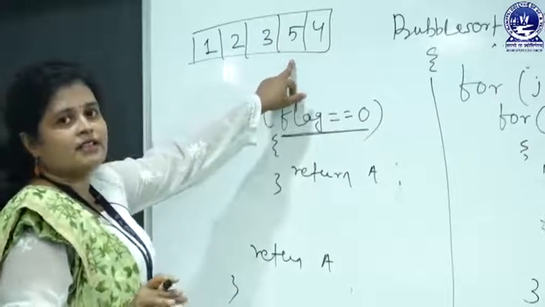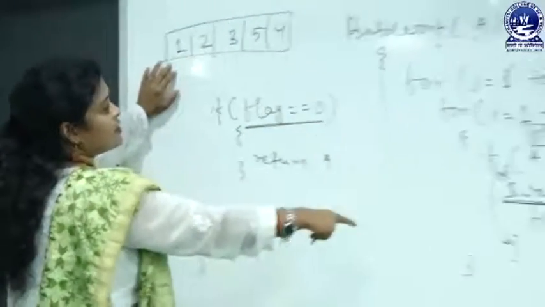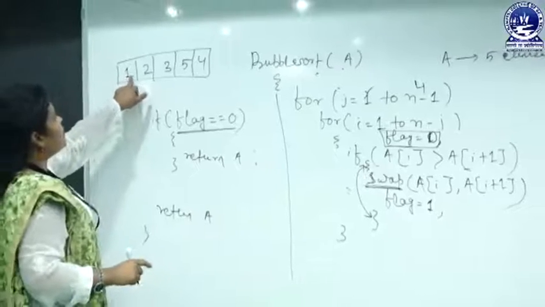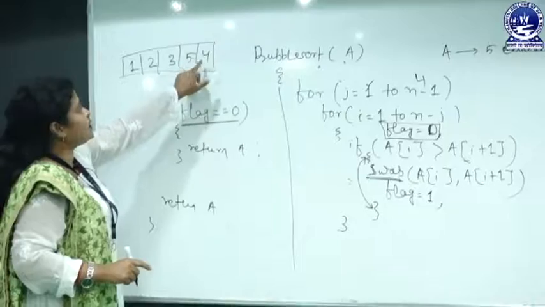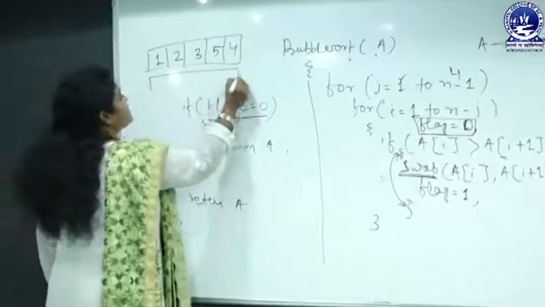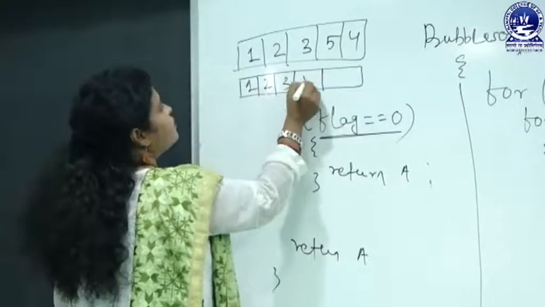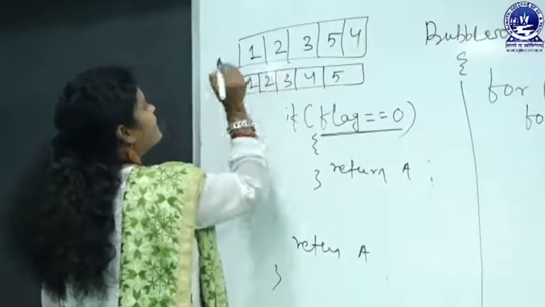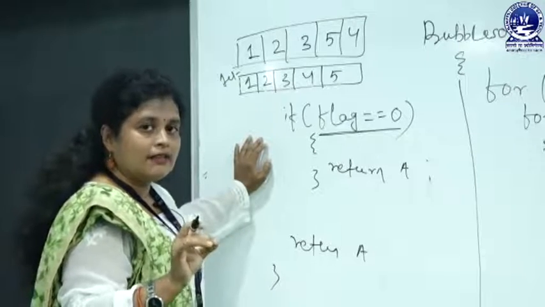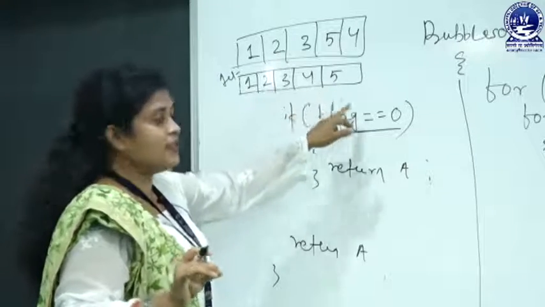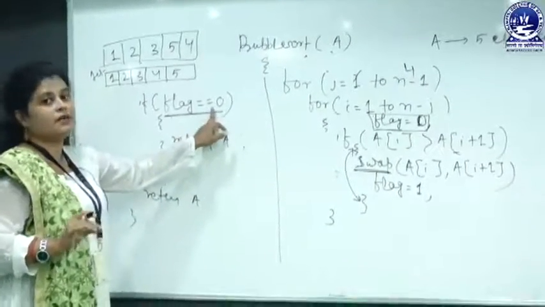This list is unsorted. So, at the first iteration, what will happen? 1 will be checked with 2, then 2 with 3, 3 with 5, 5 with 4, and at the end of the first iteration the list will look like this: 1, 2, 3, 4, 5. This is after the first iteration, and during the second iteration what will happen? One thing is that at the first iteration the flag value will be 1.